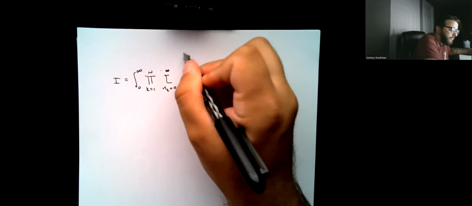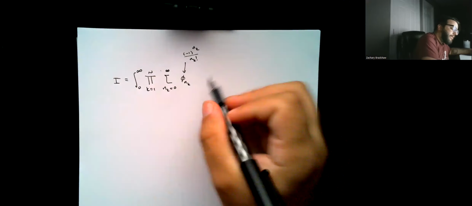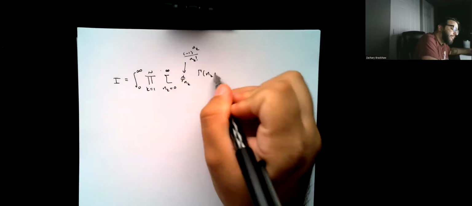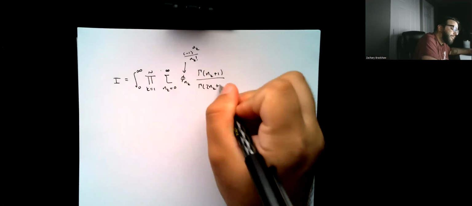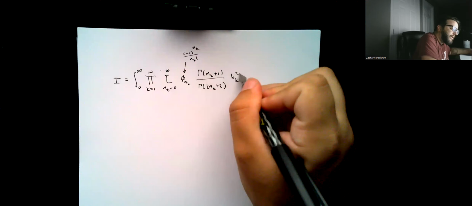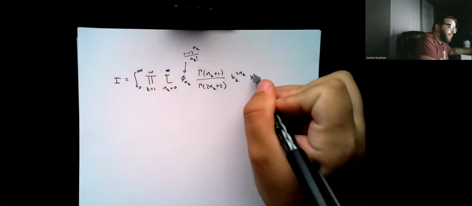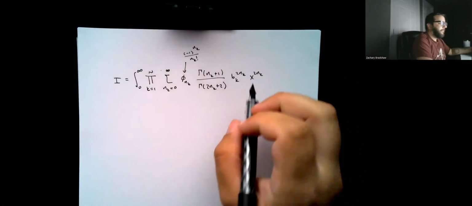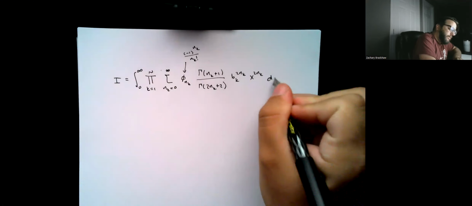So this is minus 1 to the nk over nk factorial times gamma of nk plus 1 over gamma of 2nk plus 2 times bk to the 2nk. It would be plus 1, but again, we have to divide by this bk here. And same thing for x to the 2nk. Okay, and we'll put our differential here.